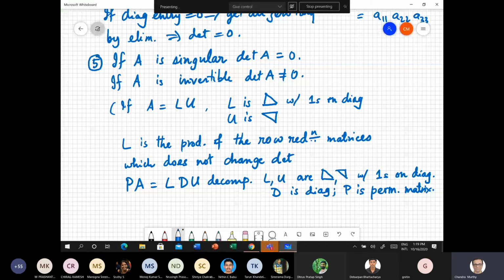If you consider the process of doing the row reduction, the sequence of steps involved can be consolidated. Each row reduction step is actually a linear transform. So what you're doing is a sequence of linear transforms, and the effect of all of them is the product of all those linear transformation matrices, which is a lower triangular matrix L with ones on the diagonal.